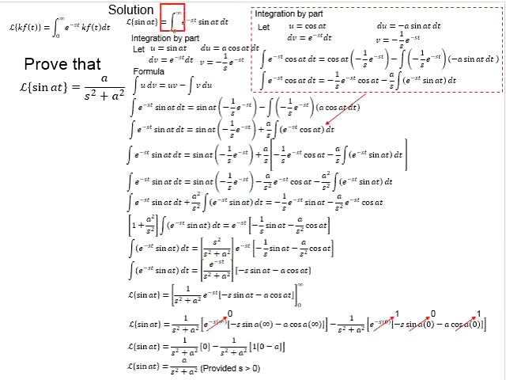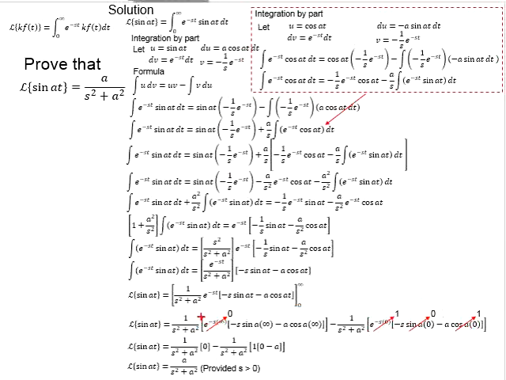The integration of this has boundary conditions. Therefore, remember to put in the boundary conditions. Substitute the upper boundary into the function and then minus the lower boundary substitution into the function. Solve the functions.